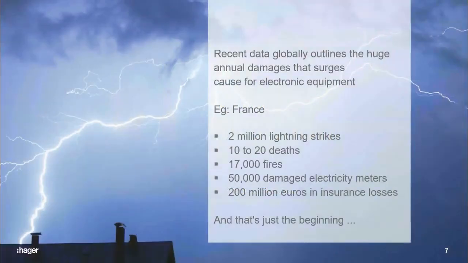The situation. Recent data globally outlines the huge annual damages that surges are causing. For example, in France alone, 2 million strikes were recorded annually, causing deaths, number of fires, and many more damages, including electric meters. The damages were up to millions of euros, and that's just the beginning.